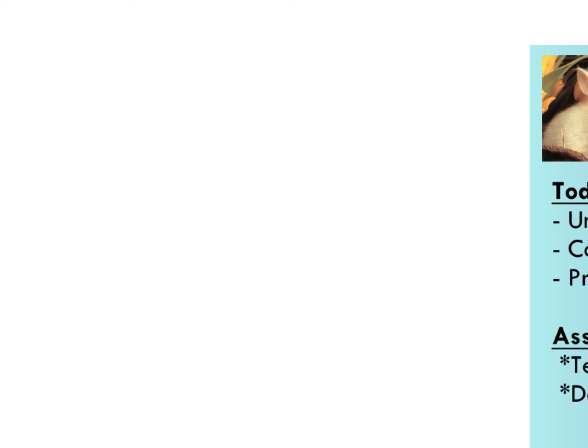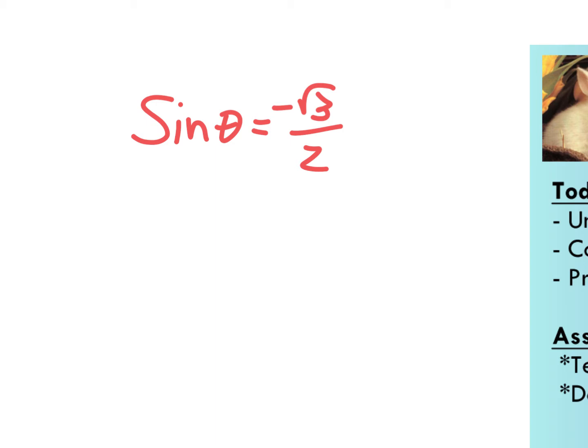Well, you'll end up in another chapter, and you'll be solving this equation, and it comes down to sine of theta is equal to negative root 3 over 2 at the end of the problem. And then they're like, oh yeah, you just got to use circle trig to find the two answers.